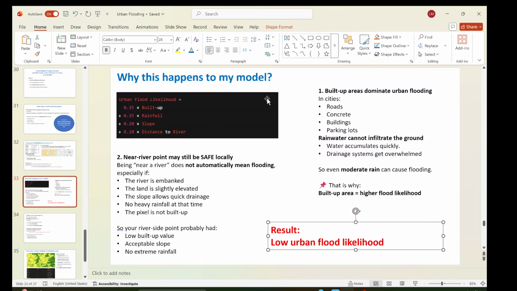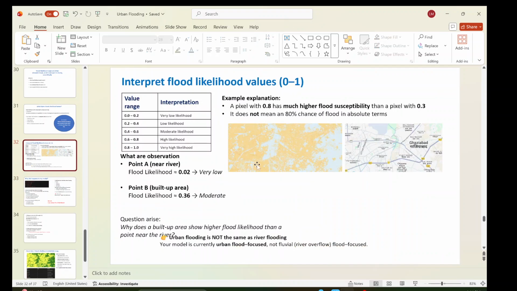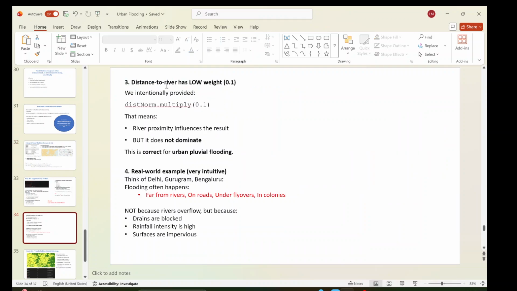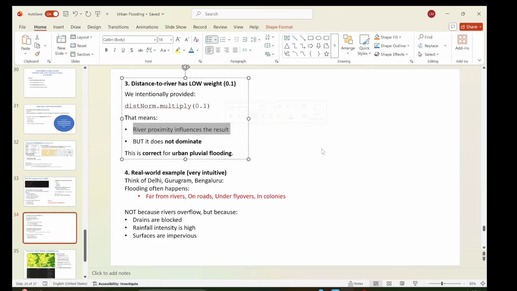In this case we have low flood likelihood because it's coming into this range, 0.35, right? So distance to river has a low weight of 0.1. We intentionally put it that way. This means river proximity influences the result, but it does not dominate.